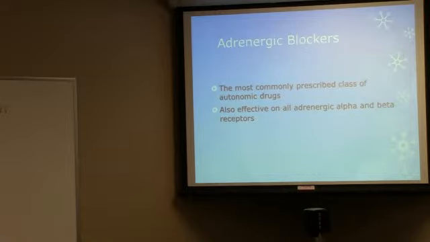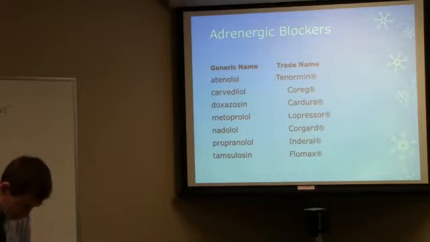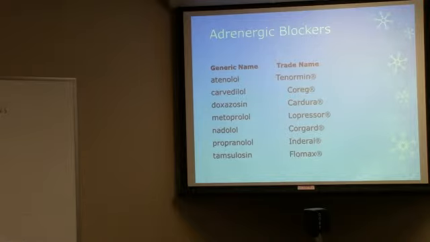Adrenergic blockers are the most commonly prescribed class of autonomic drugs, and these are effective on both the alpha and beta receptors. We'll take a look at a couple of these. If you look on page 97, these drugs are effective in either the alpha or the beta.